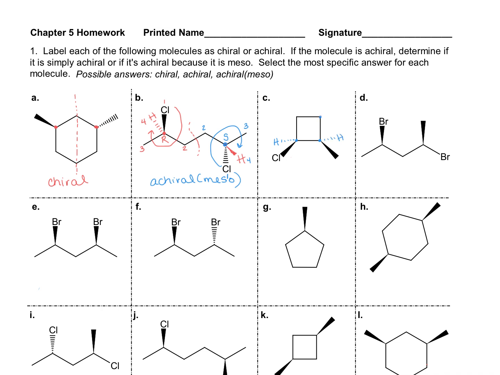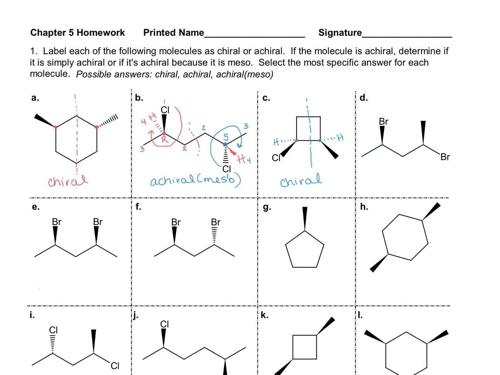So we have 4 different groups attached to each of those centers, and we do not have a plane of symmetry down the middle because we have a chlorine on one side and a methyl on the other. If this was chlorine, then we'd have a meso compound. But because one's chlorine and one's CH3, this molecule is simply a chiral molecule.